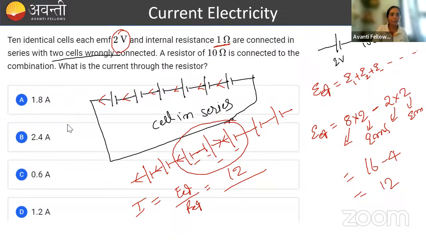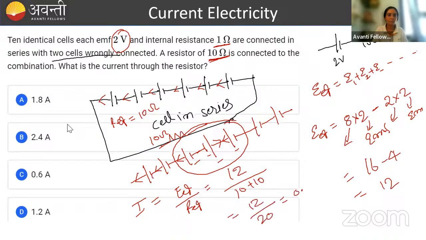So R equivalent here will be R1 plus R2 plus R3 up to R10, so 10 ohm, the sum of all these internal resistances. Also there is an external resistance of 10 ohm connected. So total R equivalent is 10 plus 10, so this is 12 by 20. So what will be the answer? 0.6.